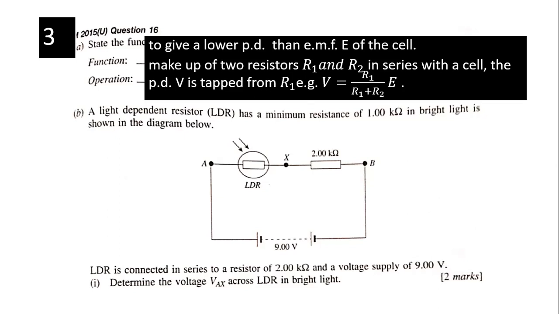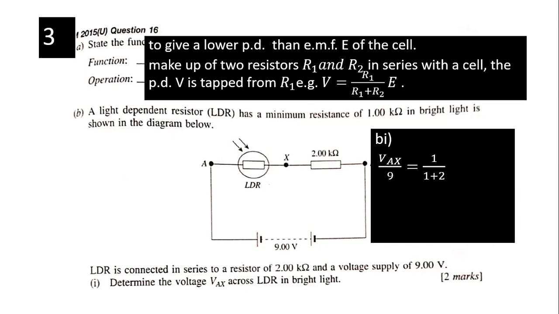So that means the R2 is, yeah, 1 over 3 times 9. You can use your potential divider formula. Potential across here divided by 9 is just resistance of this one over these two added together. So you get 3 volt.